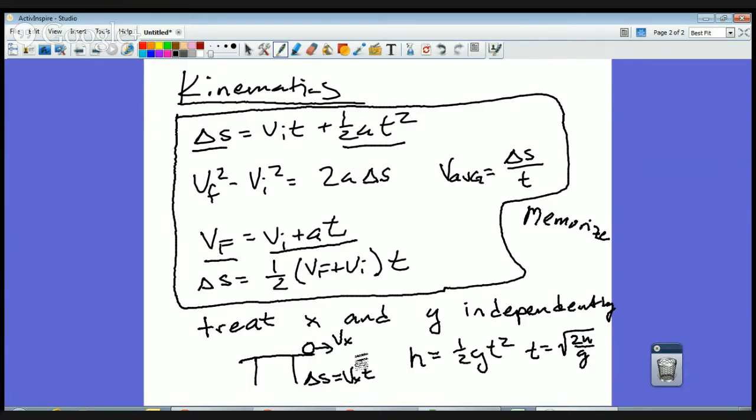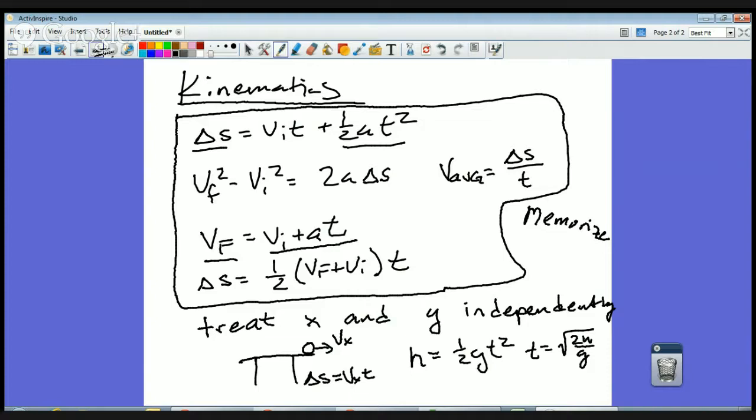That's a 0 launch angle projectile. You want to make sure you're comfortable with those and with projectiles launched at an angle. If this was launched at an angle, you would have to find the initial velocity in the y direction. Sometimes you have to solve a quadratic equation because you'll have a v_i t and a 1/2 a t squared. But you guys know how to do that, so don't let it intimidate you.